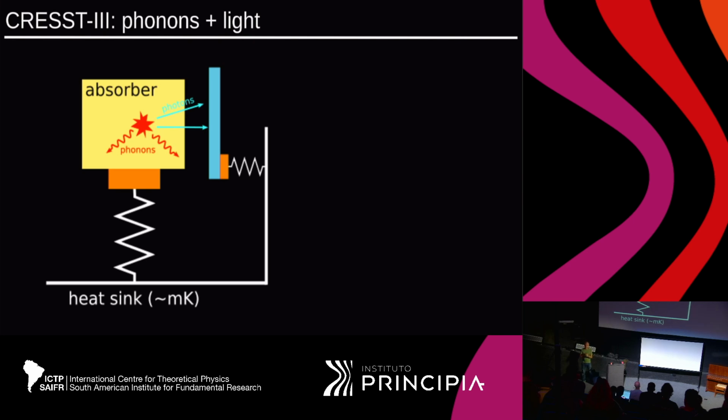On one hand, having more ways to collect the energy helps you to actually see a signal, okay? Because if you are losing all the photons, that they just go away, then the signal is going to be a fraction of the total energy, just the phonons. If you collect both, then you have more chances of seeing something and going to lower thresholds.